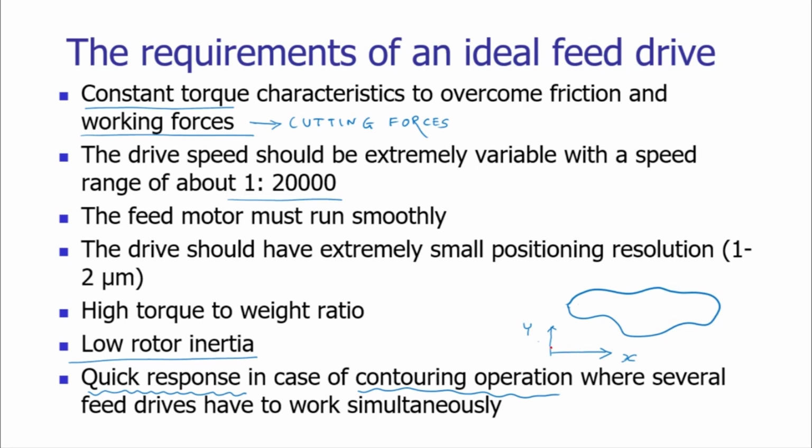There will be simultaneous feeding of the workpiece along x and y direction. So in this scenario, the feed drive should be quick in providing the response to the signals sent by the microprocessor. If the drive is sluggish, if the drive is slow in responding, we may not get the required or accurate quality. We may not get the required contours to be manufactured.